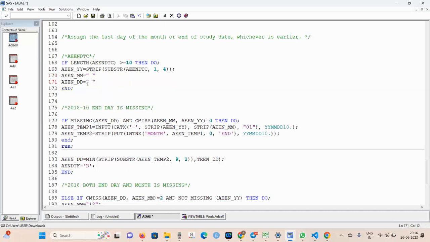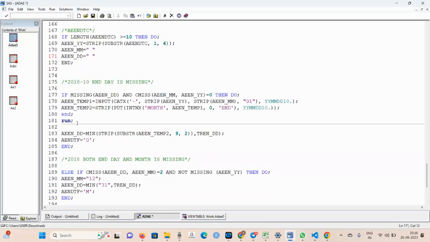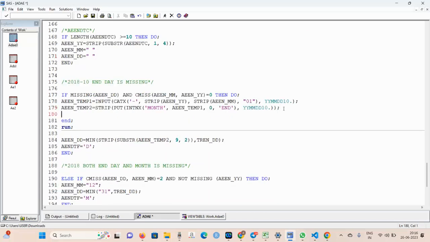Okay, so I put missing values for both month and date. Let's check now. Semicolon. Okay. Now, new variable.